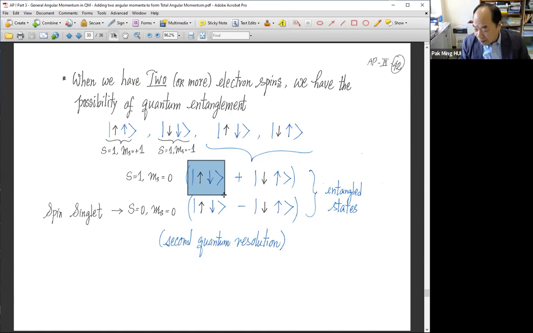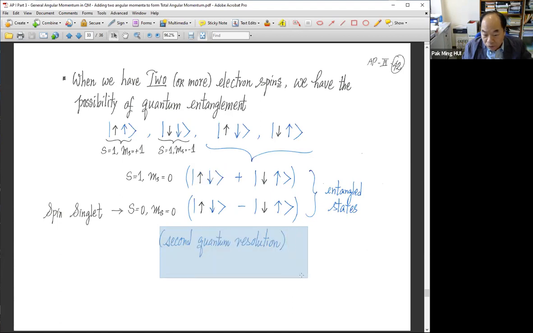The first thing, I think the first experiments were usually done using photons, not matter particles. Okay, photons, there are polarization this way, the other way, it's entangled. Okay, and that is one important part of what is called the second quantum revolution that is going on now.